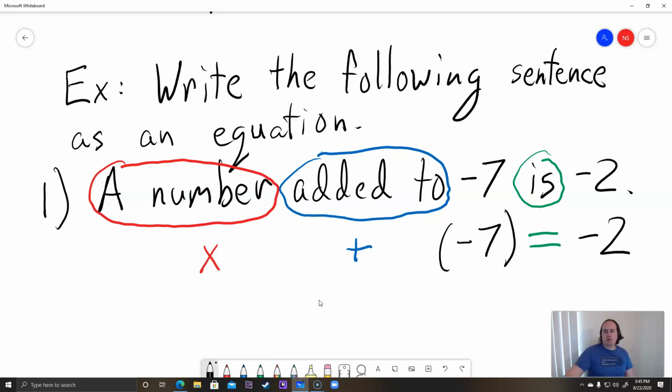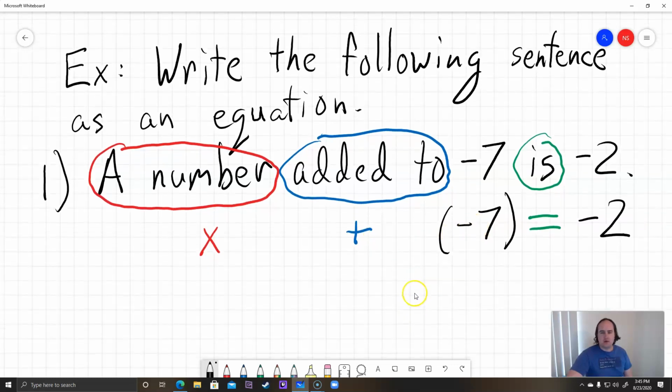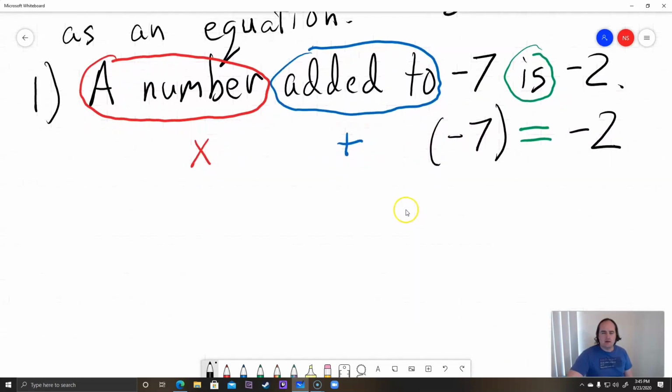And you might be wondering, why did I put parentheses around the -7? That's because we're adding -7. So we have plus -7, and you're supposed to have parentheses. That way they don't look like they mean something else. So we've translated this now. Our equation is x plus -7 equals -2.